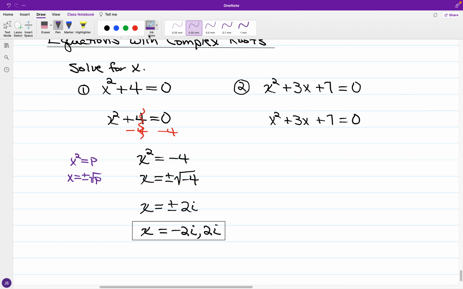I cannot factor this trinomial, but I can use the quadratic formula. So for what we have here, a is 1, b is 3, and c is 7.